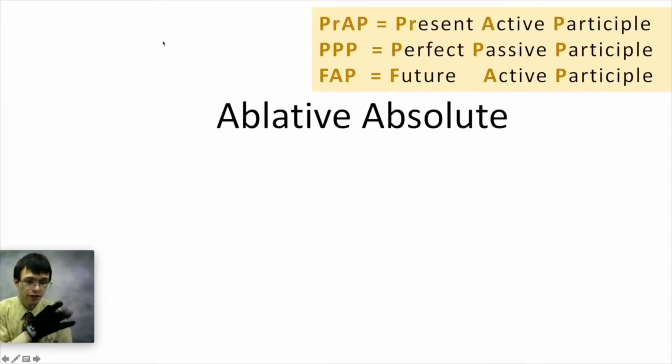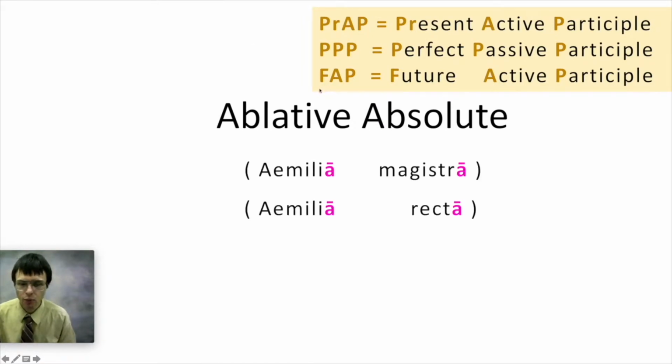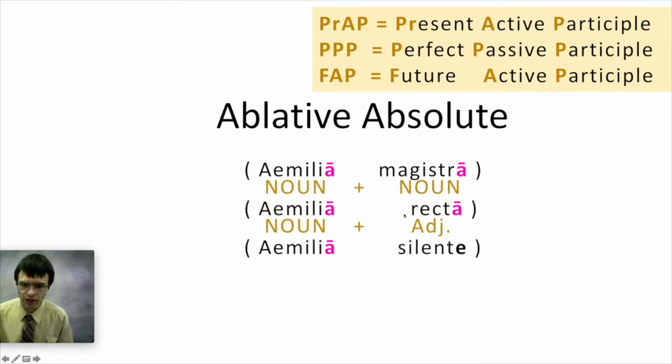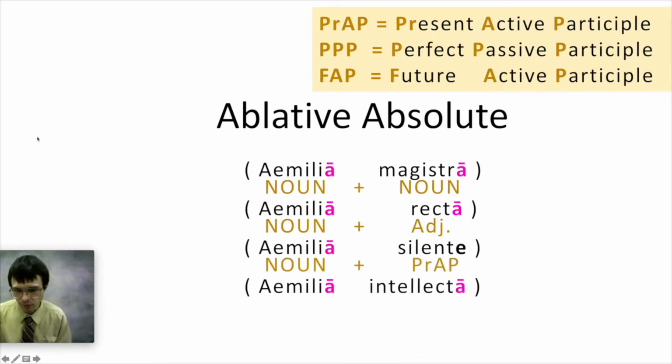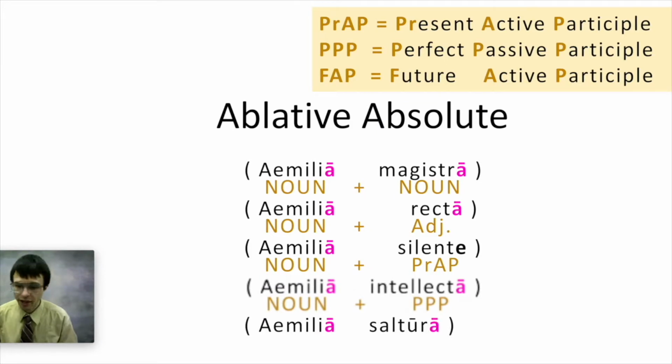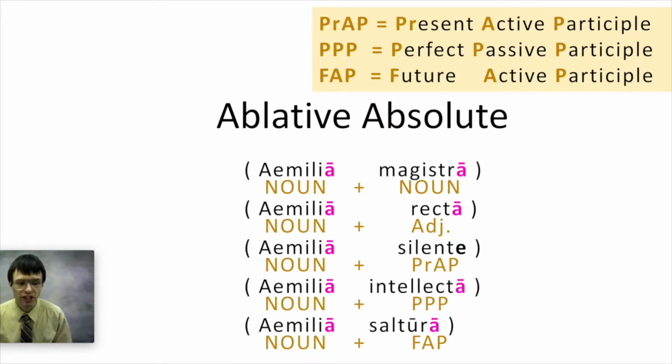Another application for the FAP is ablative absolutes. So far we've had with Amelia the teacher, noun plus noun. With Amelia right, noun plus adjective. We've also had with Amelia silent, noun plus PRAP. And then Amelia intellecto, noun plus PPP. Now we're going to get Amelia saltura, about to jump, noun plus FAP.